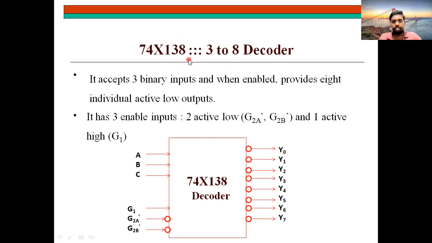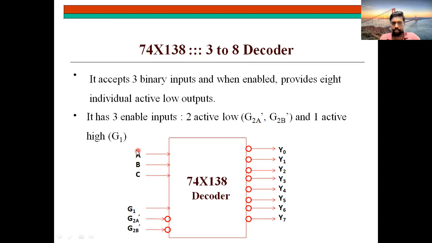Then it is mandatory for us to know the pin configuration, how many inputs are there, and what kind of inputs there are. As the name itself indicates, 74X138 is a 3-state decoder, so 3 inputs will be there.